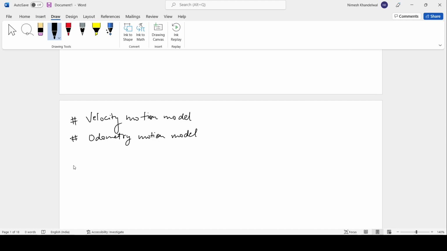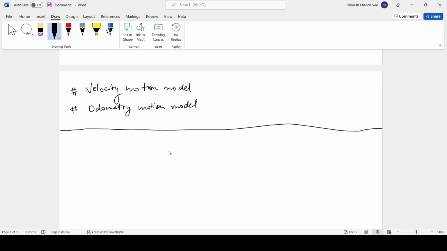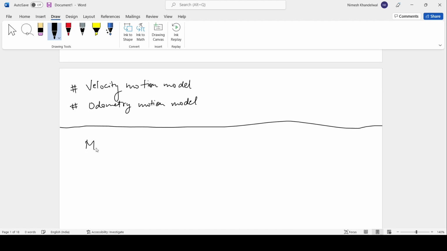I will tell this first: the very word model means that you are making assumptions. So when you say that you are making a model of a physical phenomenon, that means you are making some assumptions related to that phenomenon, and using those assumptions, you are trying to write the expected behavior using the model.